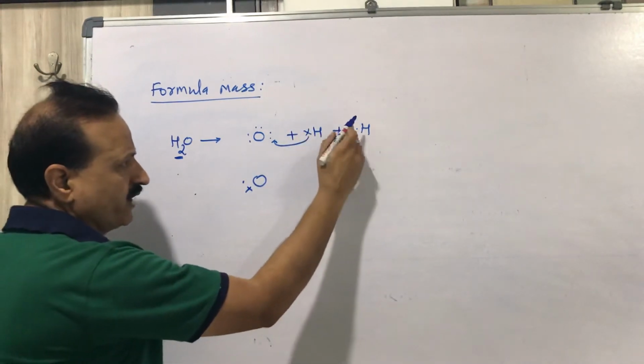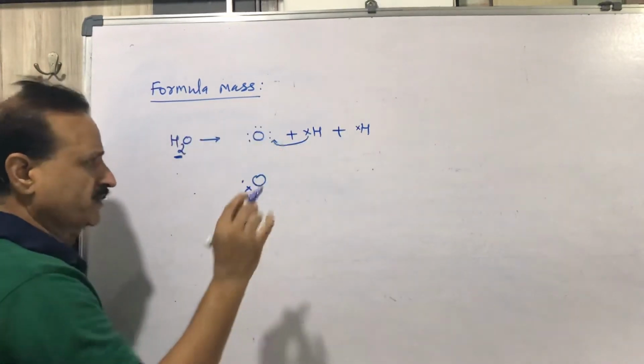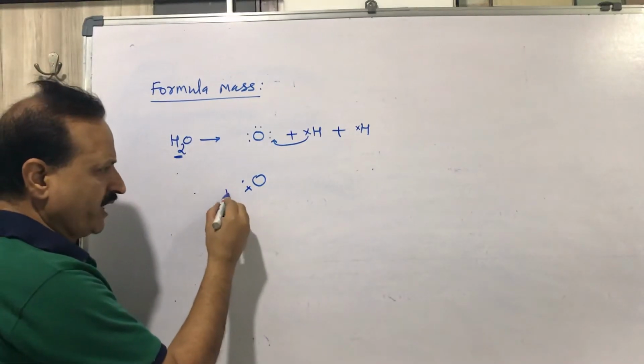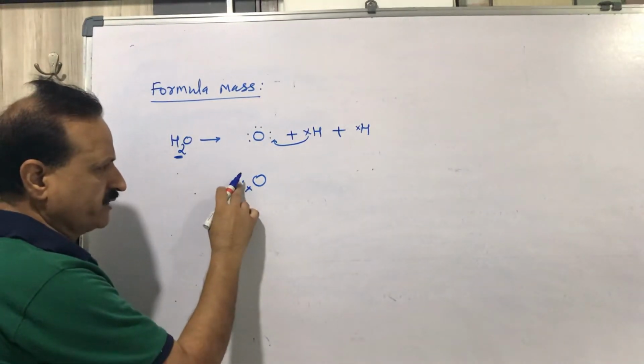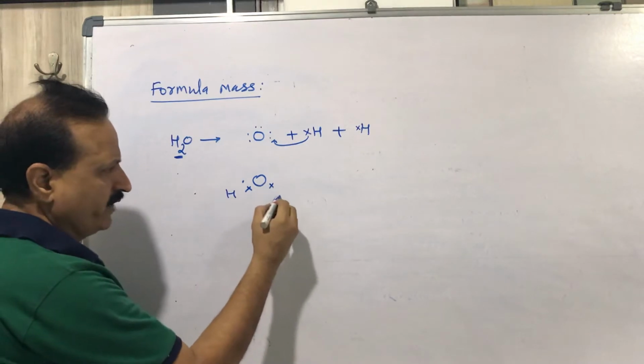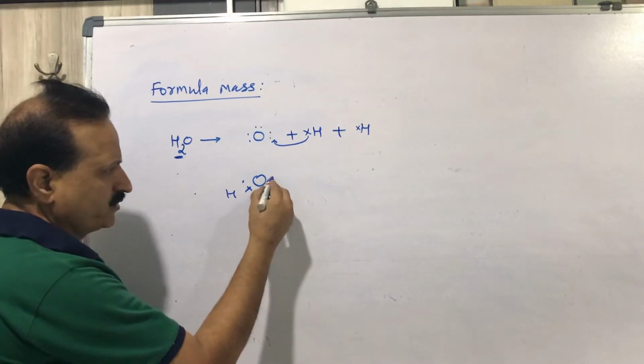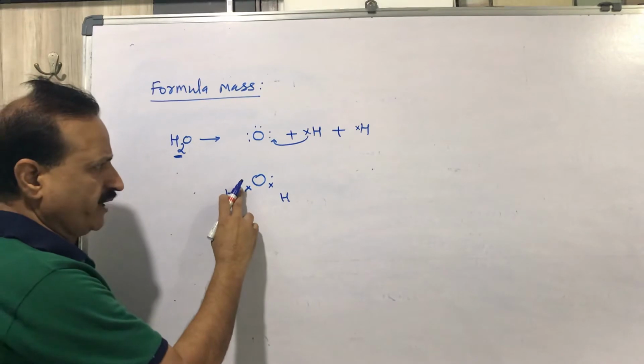The hydrogen electron is shown with a cross. So there is 1 hydrogen electron and 1 oxygen electron here, and again 1 hydrogen electron and 1 oxygen electron here. This is the sharing of electrons.